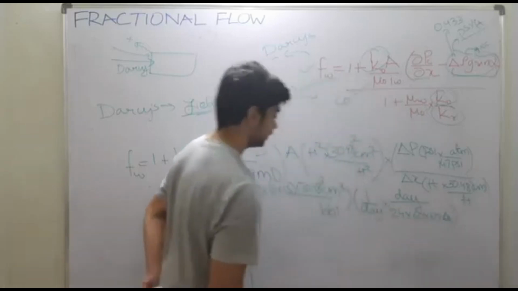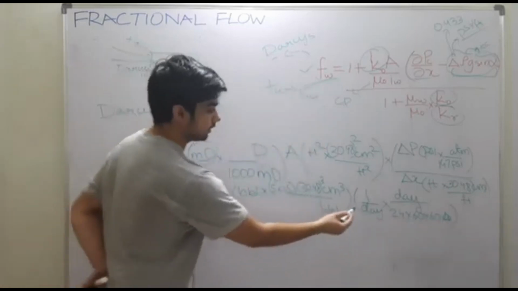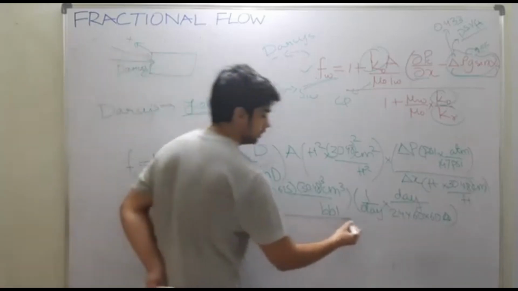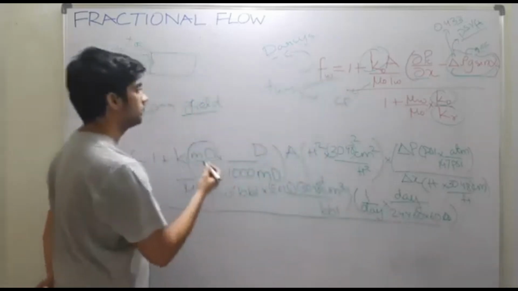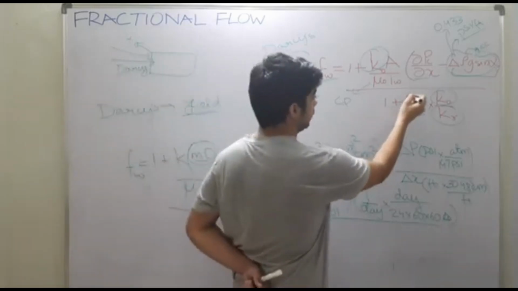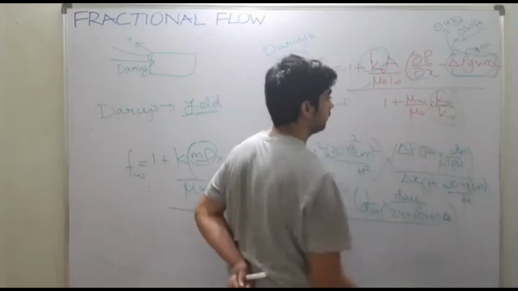So basically we are converting centimeter cube per second into BBL per day. So this is the numerator part, and there will be no changes in the denominator part, because the units will get cancelled out no matter which unit you use.